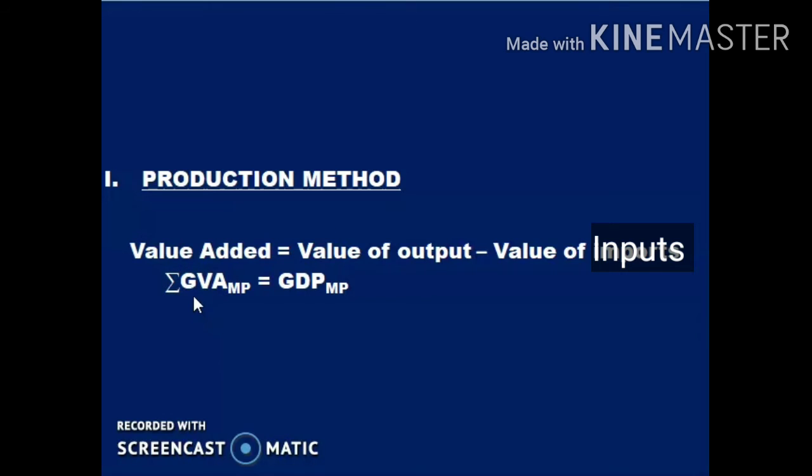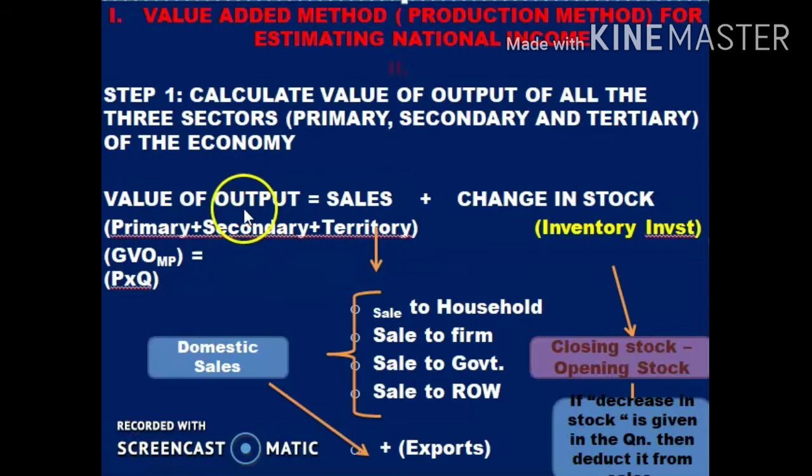It's production across the sectors: the primary sector, secondary sector, and tertiary sector. Together these sectors give us the value of output.